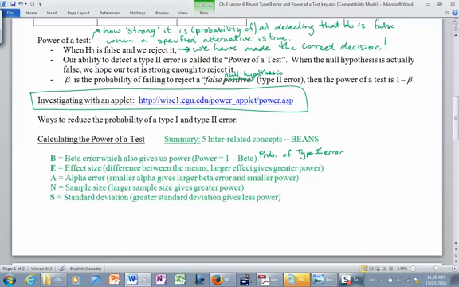The effect size is the difference between the means, and the larger effect gives a greater power. So in other words, as the difference between our alternative correct and our null hypothesis goes up, the power is going to go up, and the chance of a poor decision is going to go down.